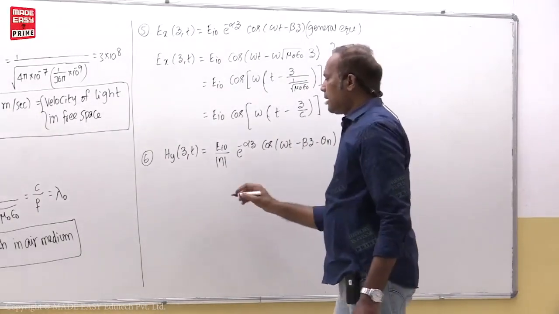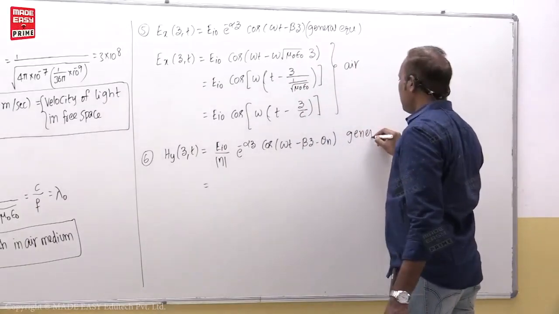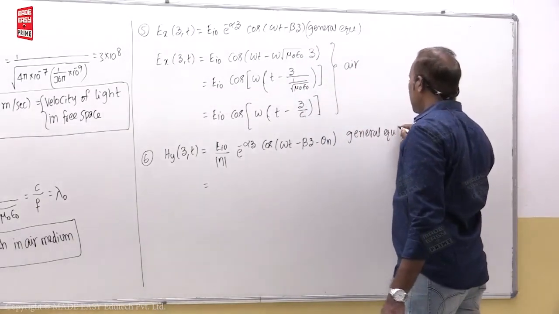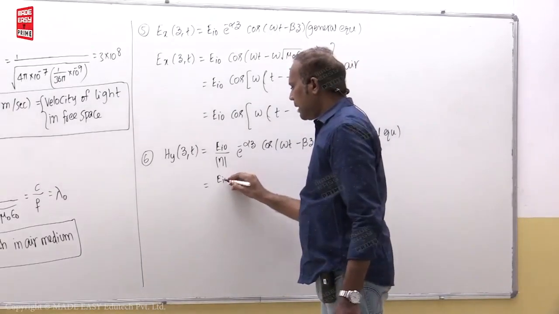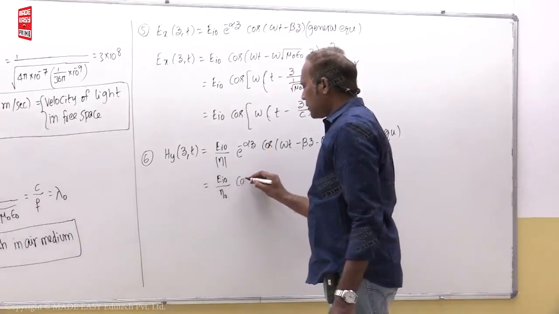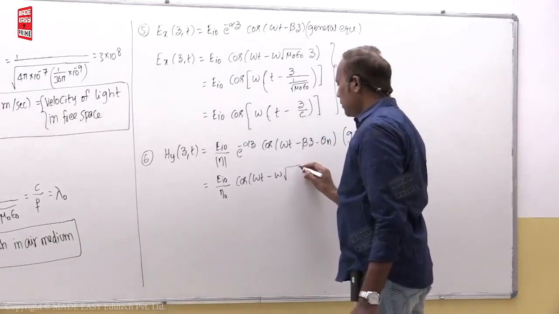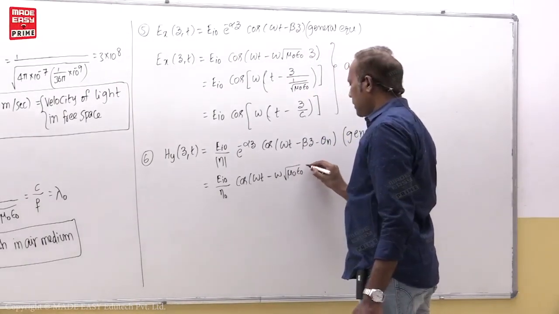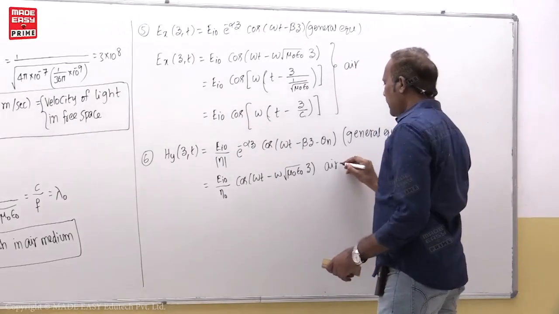This is the general equation applicable for all mediums. Now for air medium, it is Ei0 by eta naught, that means 120 pi. This is 1. So cos of omega t minus beta z, where beta is omega root mu naught epsilon naught, and theta eta is 0. This is for air medium.